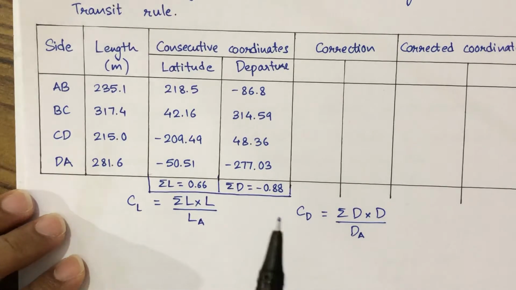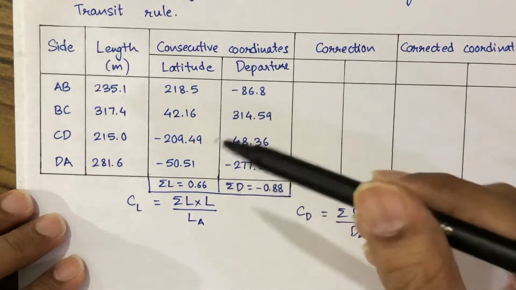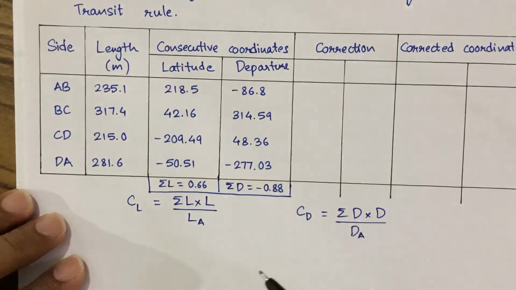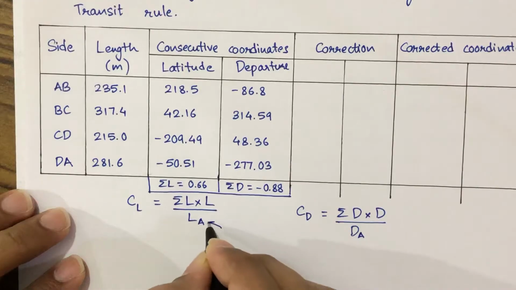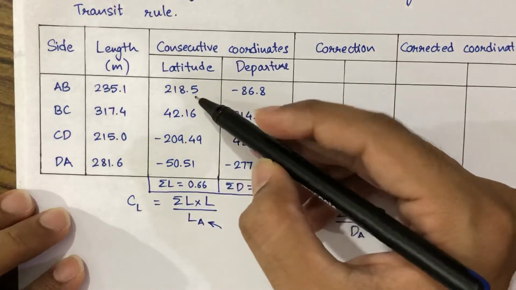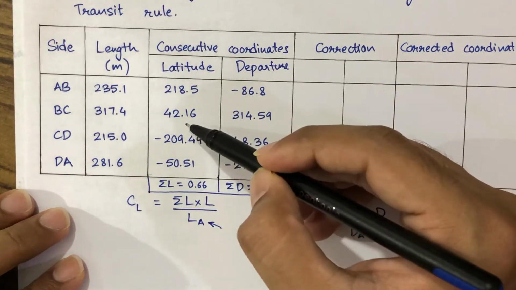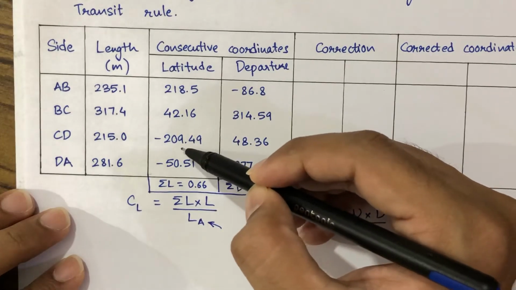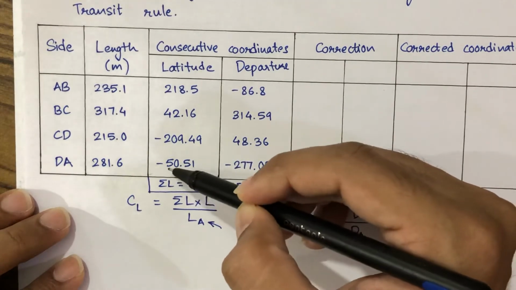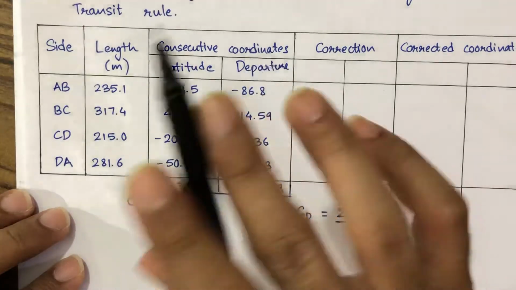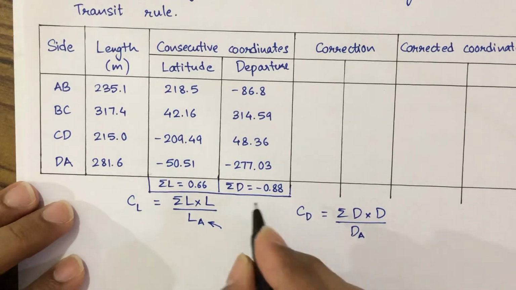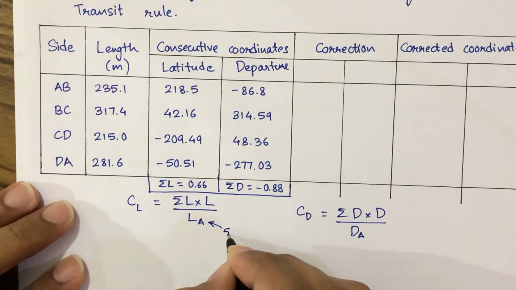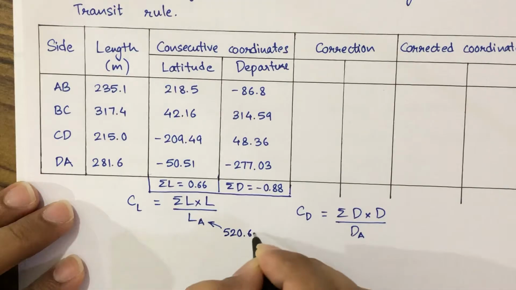So that will be the arithmetical sum of all the latitudes. LA is 218.5 plus 42.16 plus 209.49 plus 50.51. Here the minus sign will not be considered for calculating LA. So the value of arithmetical sum of latitudes comes out to 520.66.